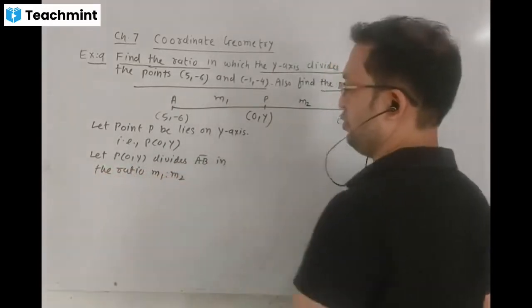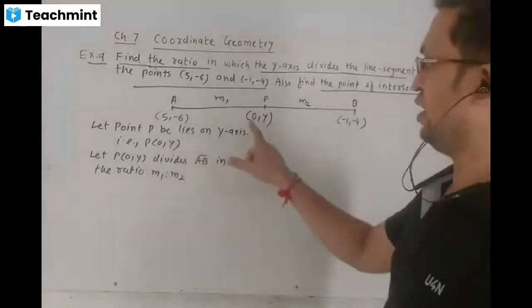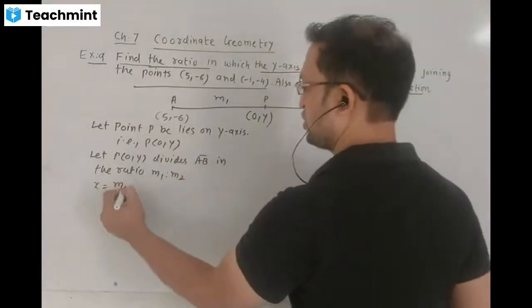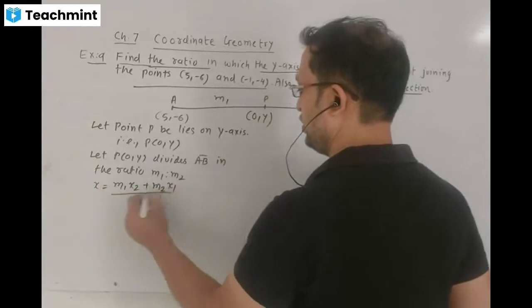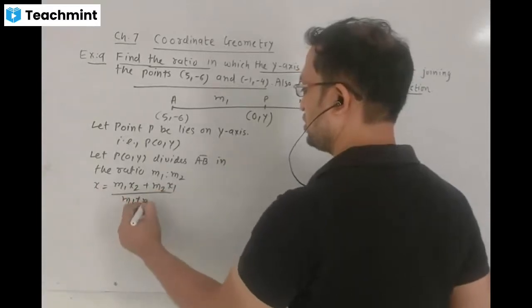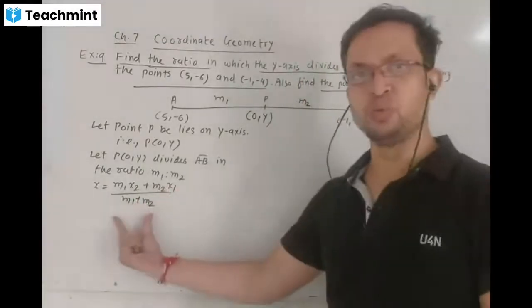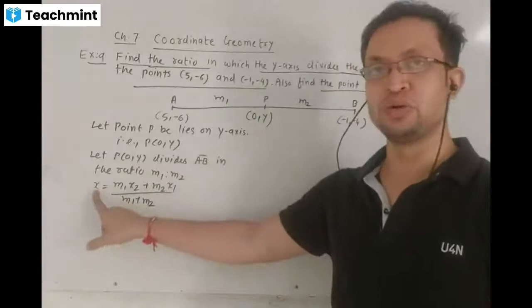So first we put this value in the x formula. x is equal to (m1 x2 plus m2 x1) divided by (m1 plus m2). Why? If you put the value in the x formula, then we can find the ratio m1 is to m2, because x is equal to 0.